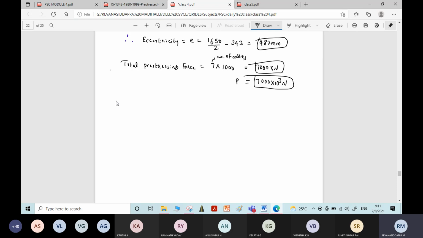Principal stresses at 550 mm from top at support section, that we will find.